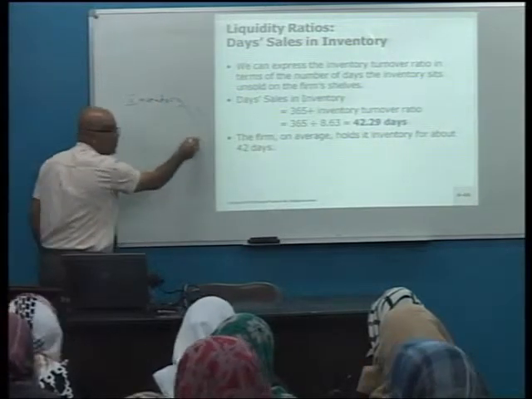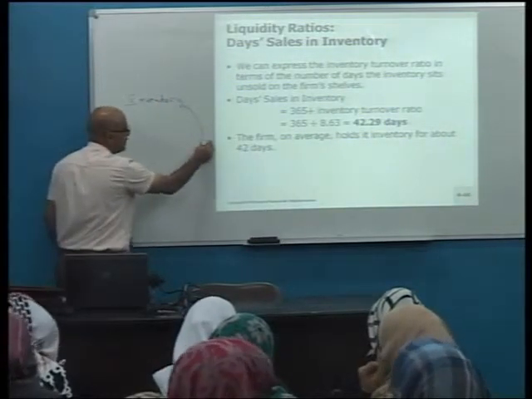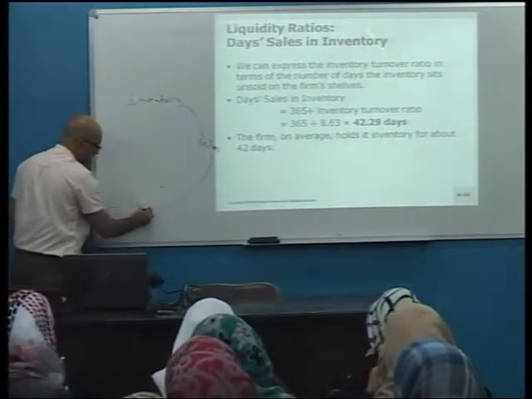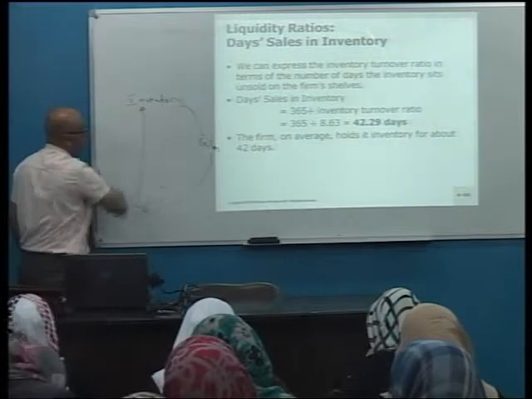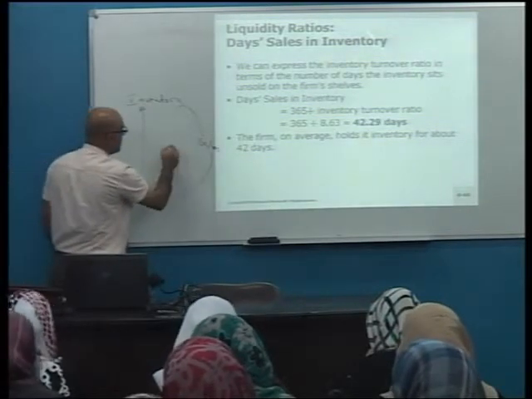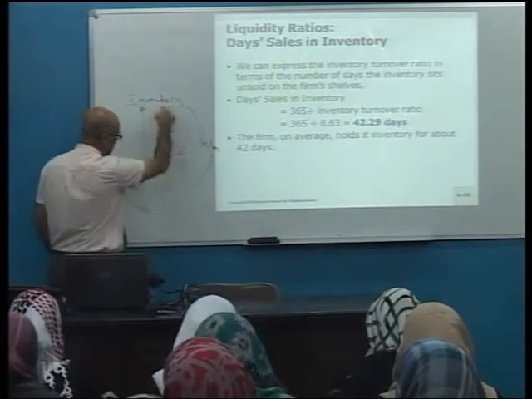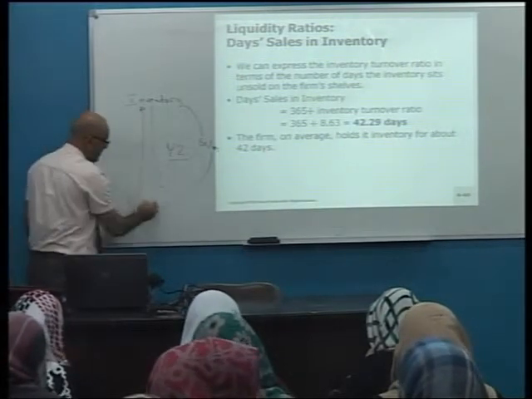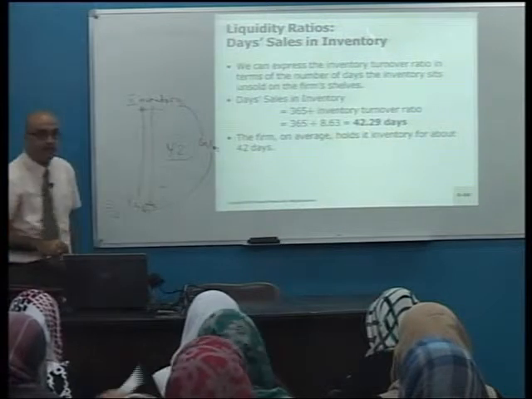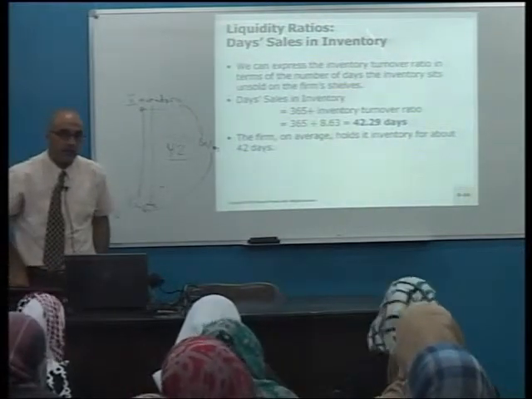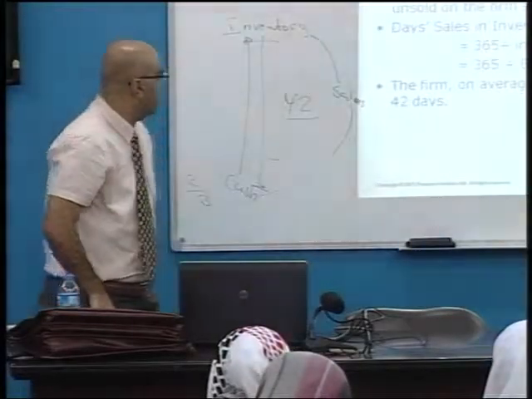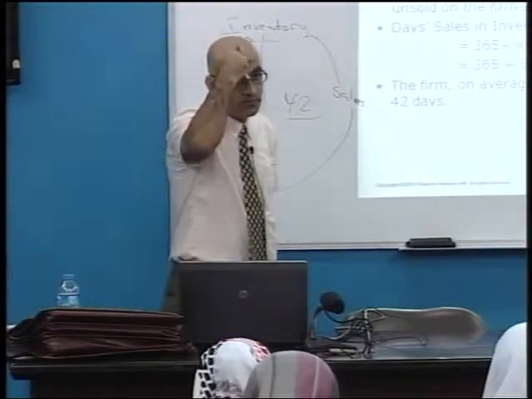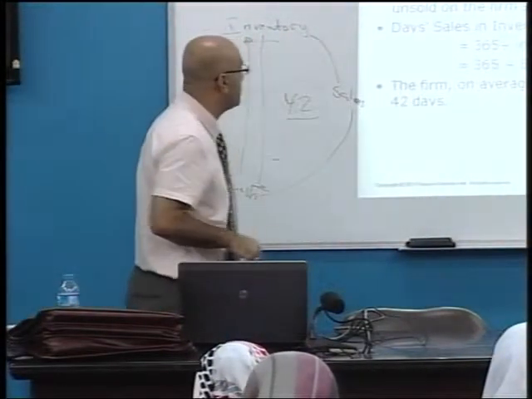Then we convert inventory into sales. Then sales into cash. So it takes around 42 days to convert inventory into cash. Okay? So around a month and a half. 42 days.